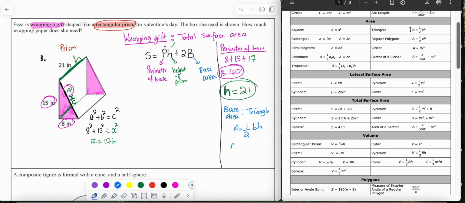All right. So we're going to have half. Now, what is the base of our triangle? The base of the triangle is going to be the 8. What is the height of the triangle? The height of the triangle is going to be 15. And then you just grab your calculator and work that out.